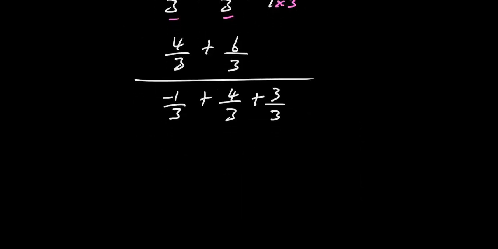So this equals, let's add 4 plus 6 is 10. So we have 10 over 3, over negative 1 plus 4 is positive 3, and 3 plus 3 is 6. So we have 6 over 3.